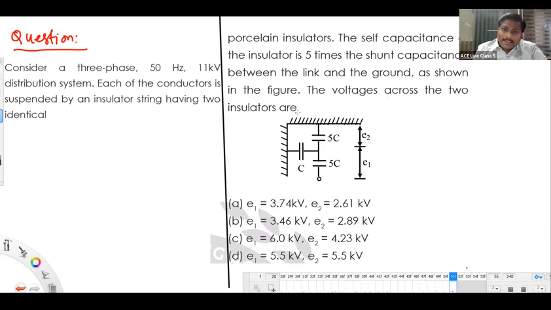The voltages across the 2 insulators are E2 and E1, and we have to calculate these 2 voltages.